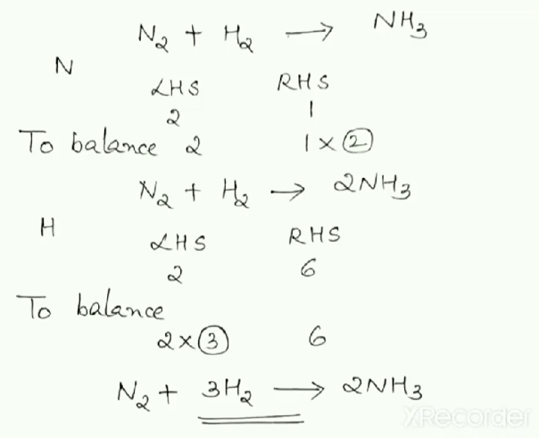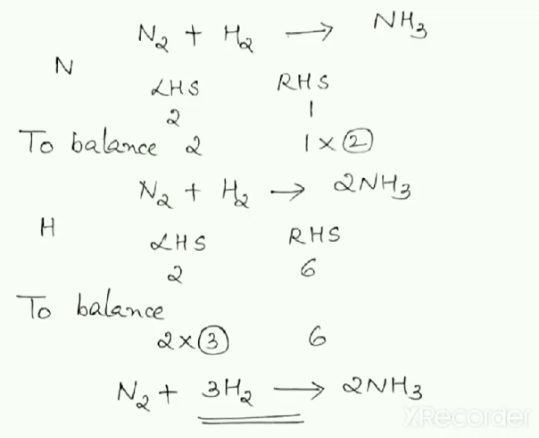Nitrogen is diatomic, so we write it as N2. Hydrogen is diatomic, so we write hydrogen as H2. So N2 plus H2 gives, the product formed is ammonia. The formula of ammonia is NH3. So we write the skeletal equation as N2 plus H2 gives NH3.